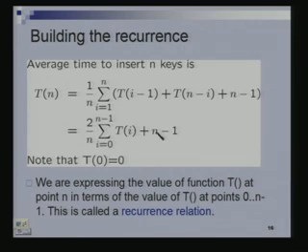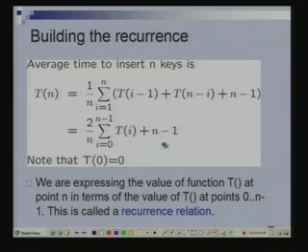So, n equals 1, and 1 minus 1 is 0. So, T of 1 is 0, which we just argued. So, T of 0 and T of 1 are both 0. I can now use that to compute T of 2, right. So, what will I get as the value of T of 2?